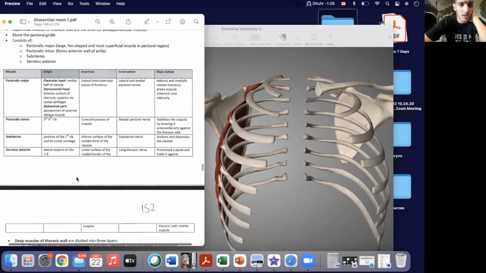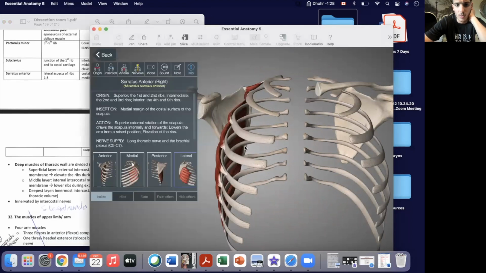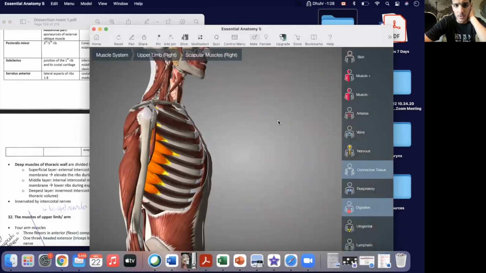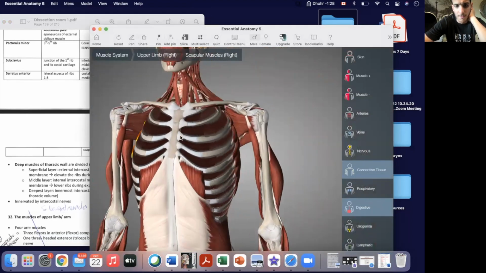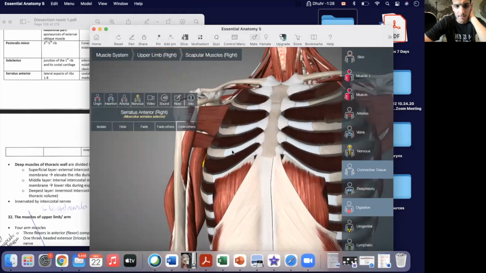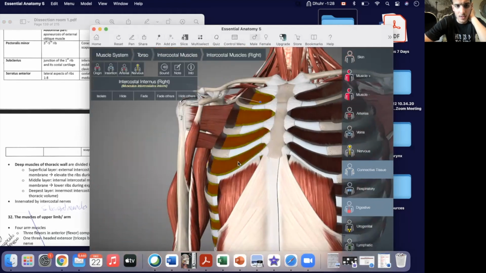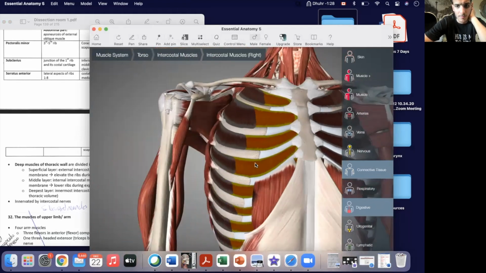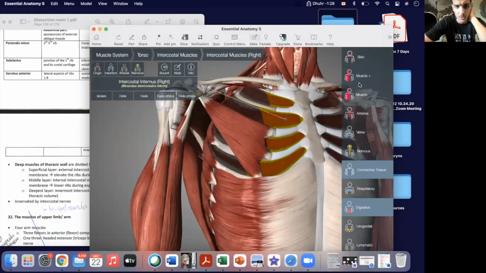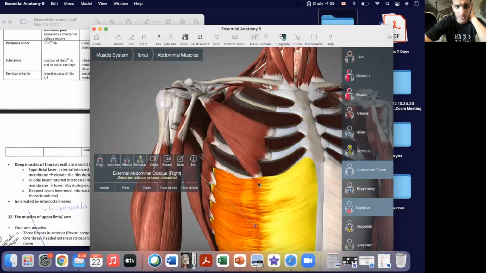Then we're going to dive into the, I hope we can see those. Let's just see if they're present here. Yes. Let's see if we can add muscles on here. That's the external oblique.